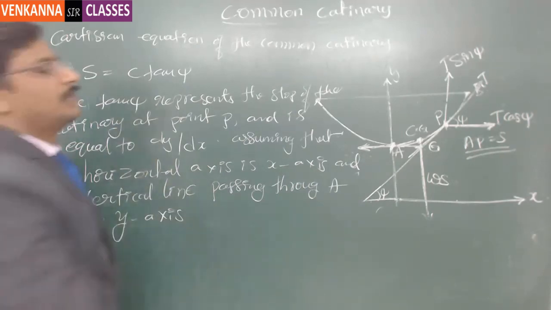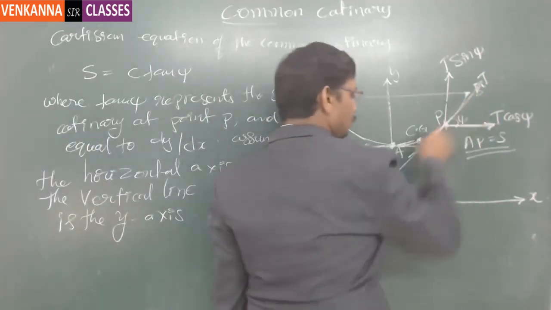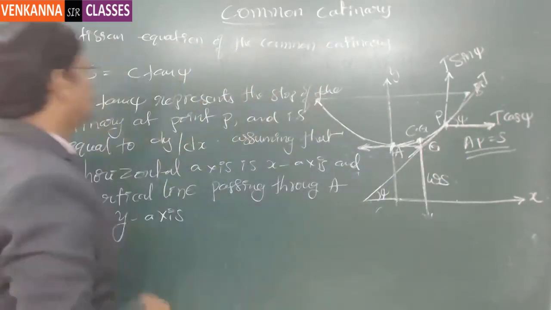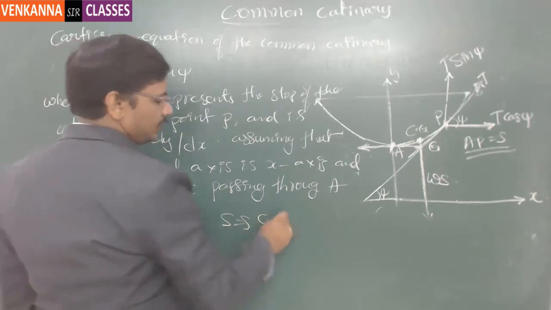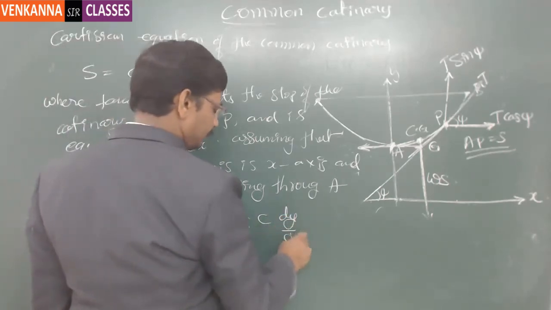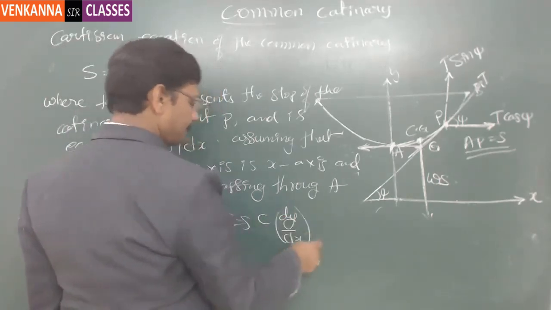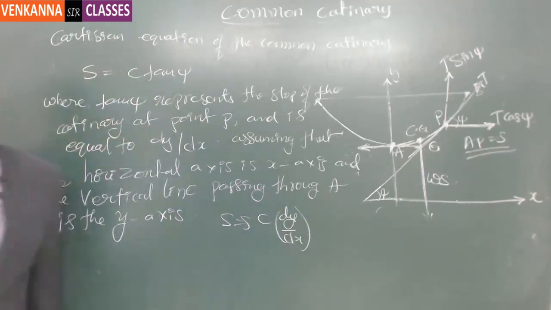So this is nothing but the slope of this tangent, which is equal to dy by dx. Then S can be called C times dy by dx. You note down this, we are going to erase it and then write it.